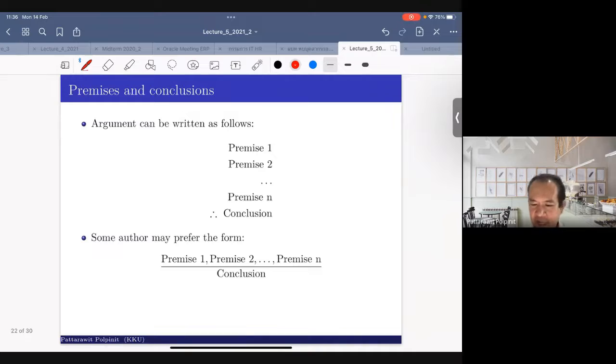This is how we write an argument. You have premise number one, premise number two, up to premise number n. Each premise will be a proposition or statement, a compound or atomic proposition, and the last one will be the conclusion. These premises always have to be true.